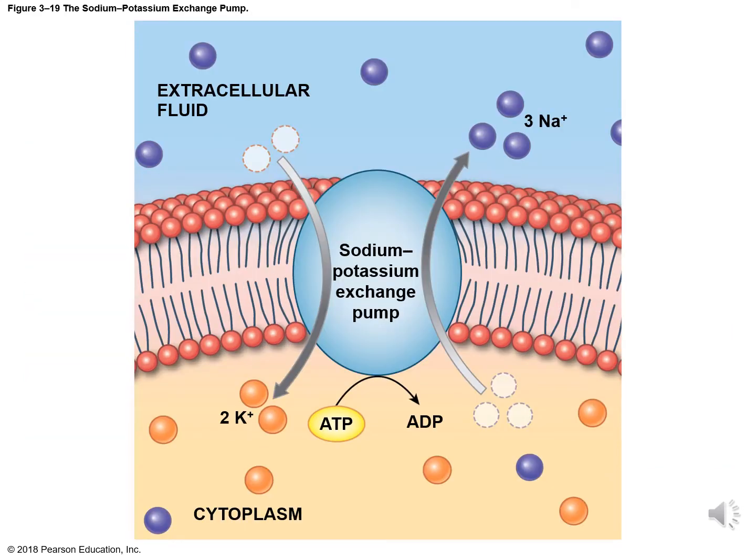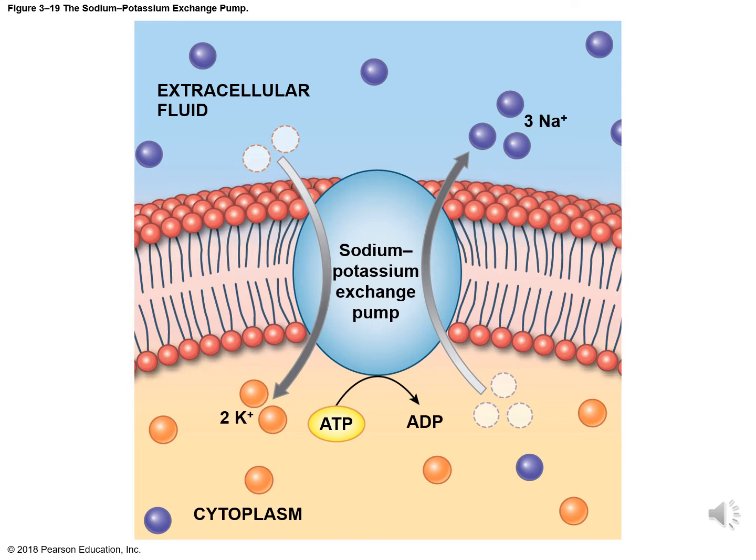Continuing with carrier-mediated transport, we're now going to look at active transport. This is going to be against the concentration gradient. It's going to use ATP to move the molecules. We have ion pumps that actively transport cations, which are positively charged ions such as sodium, potassium, and calcium, across the plasma membrane.